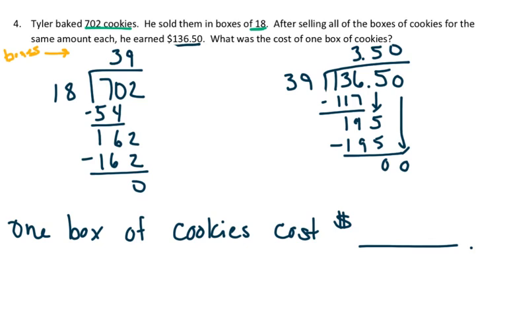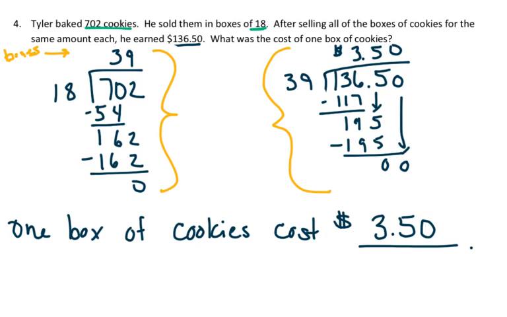Okay, so now I know the cost of one box of cookies. And one box of cookies costs $3.50. So on my target sentence, one box of cookies costs $3.50. So we had to solve this first problem here in order to solve the second problem here. Okay. All right, and again, the answer is $3.50.